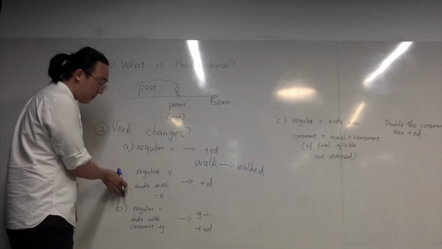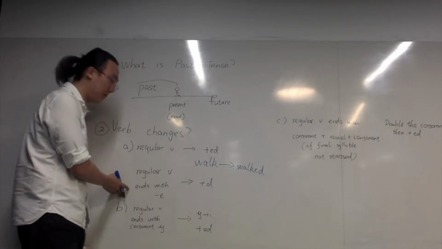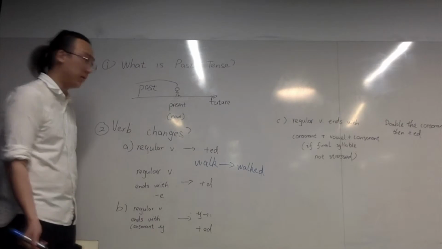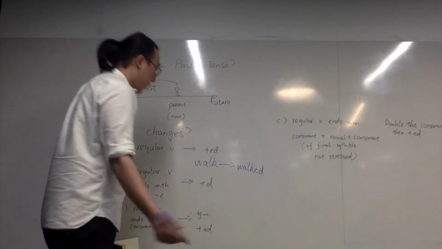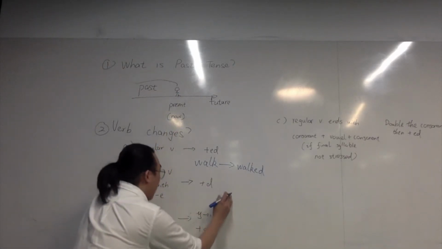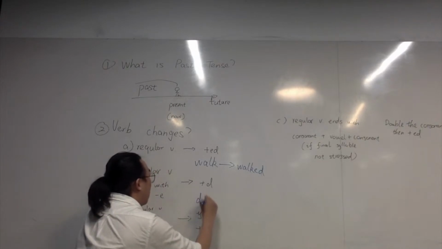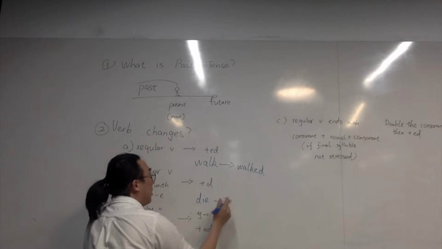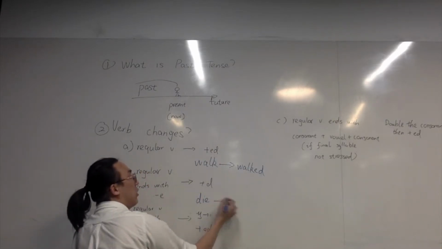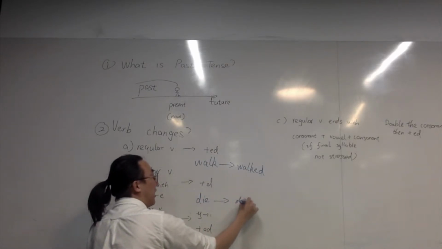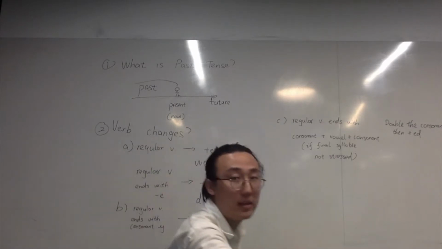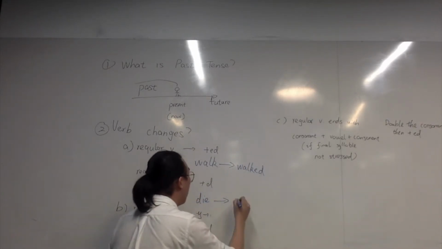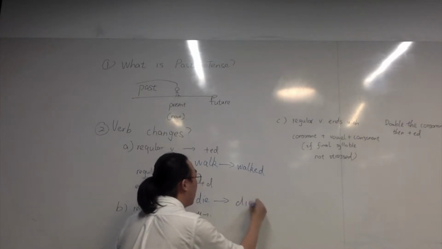But there are some situations where the verb ends with E. For example, there's one not good verb called die. Then you don't have to add ed. You don't make D-I-E-E-D. That's totally wrong. Don't do that. You just simply add one D. Died.